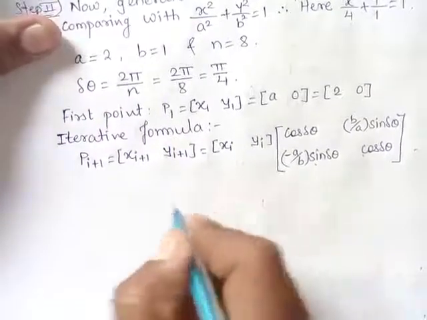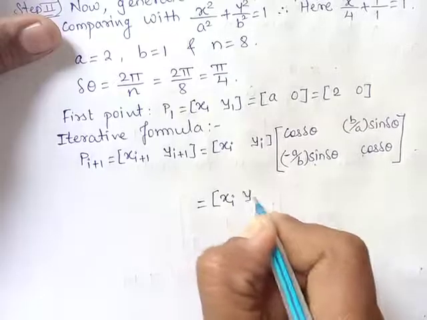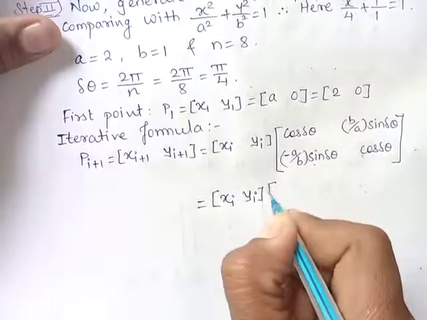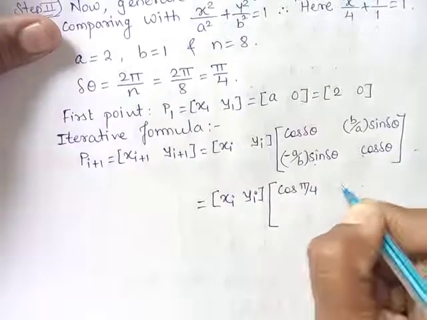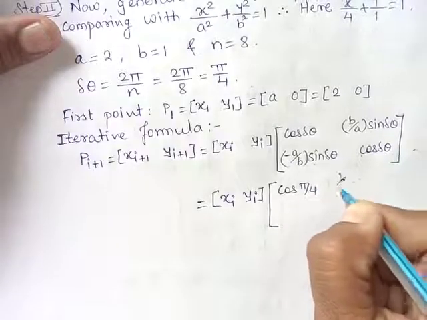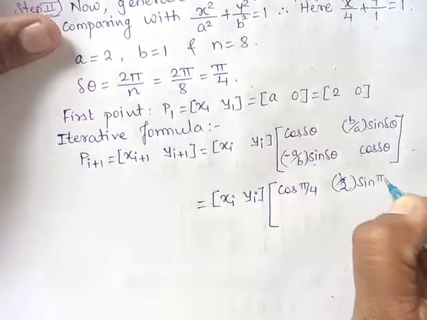Okay, so we get (xi, yi) into cos of pi by 4, 1 by 2 sin pi by 4.